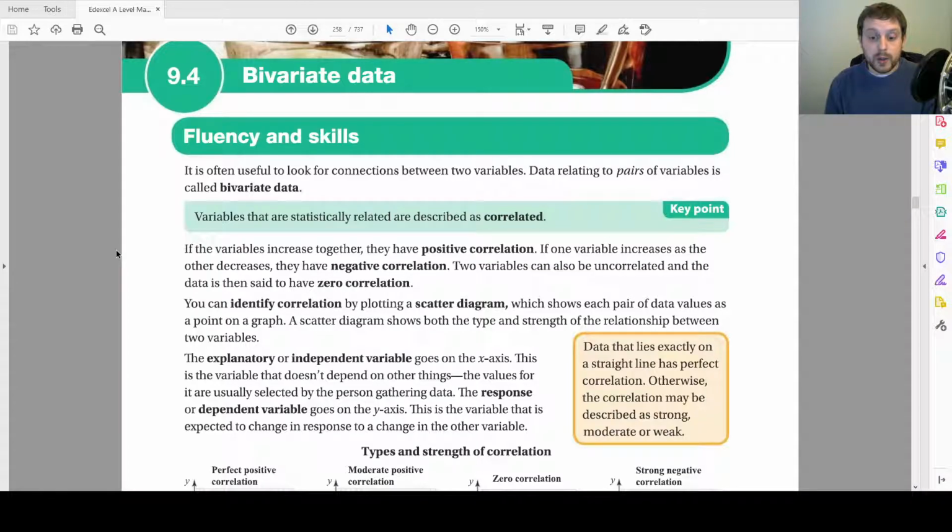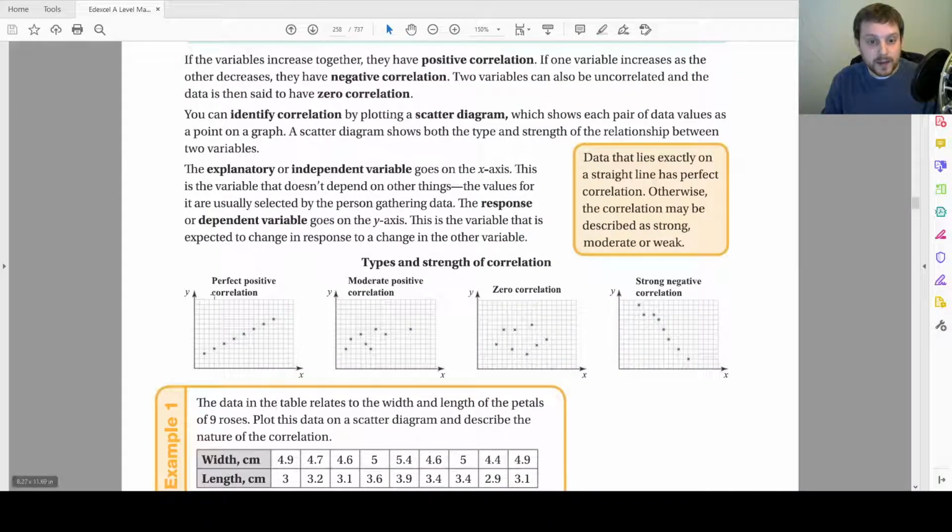Each point is a student, and the x-axis is score on a maths test, the y-axis is score on an English test. It could be different days for a shop selling ice cream, and up the y-axis it could be how hot was the day, and along the x-axis it could be how many ice creams did they sell on that day. And so you get a graph that looks a bit like these, right?